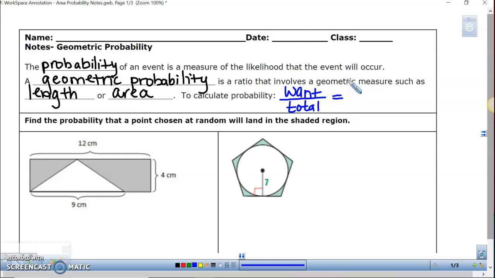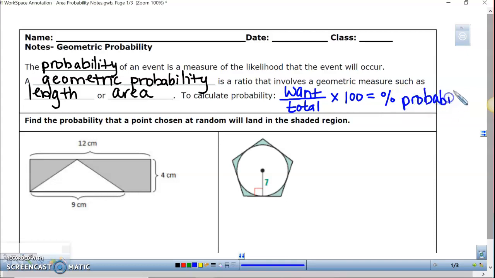But when we talk about the chances of probability, we always convert that into a percentage. So when you get what you want divided by the total that you have, you're also going to turn that into a percent. You're going to multiply it by 100, and that's going to give you the percent of probability.